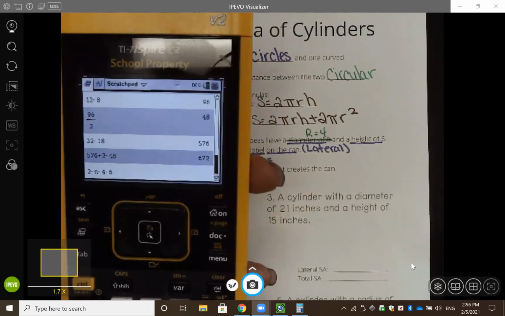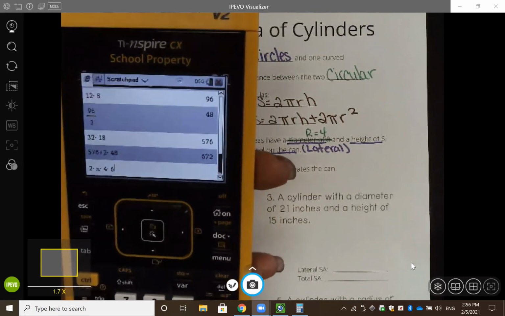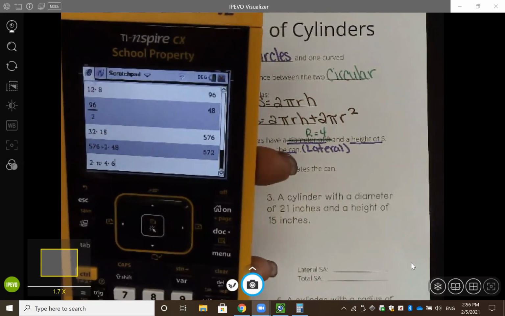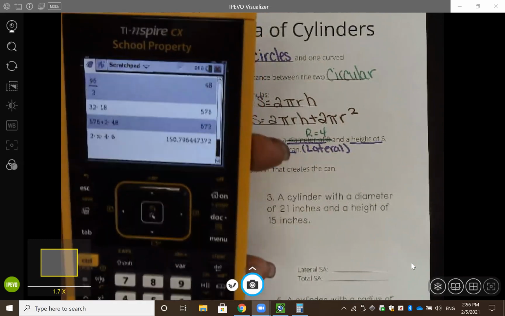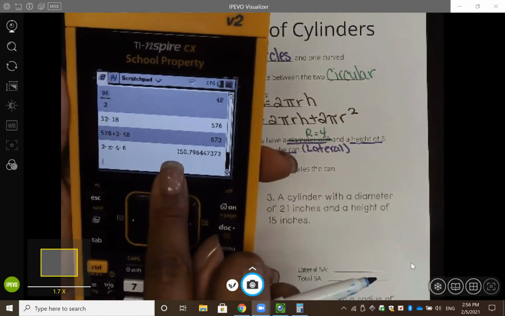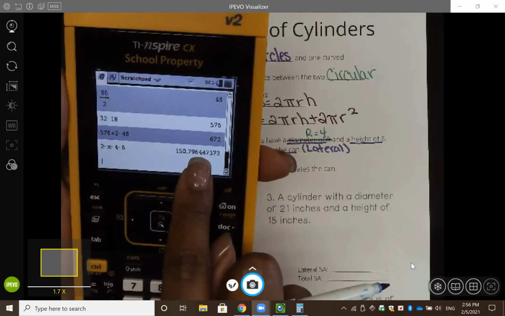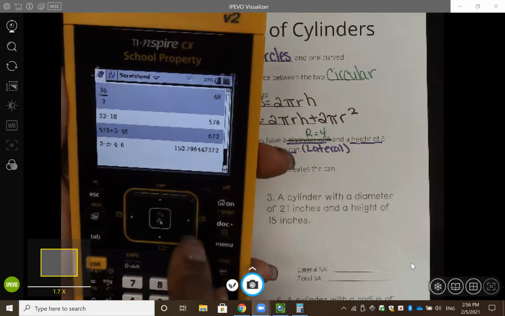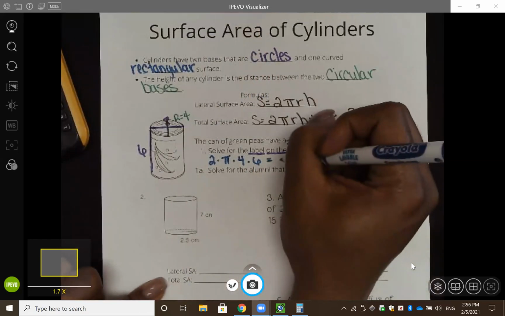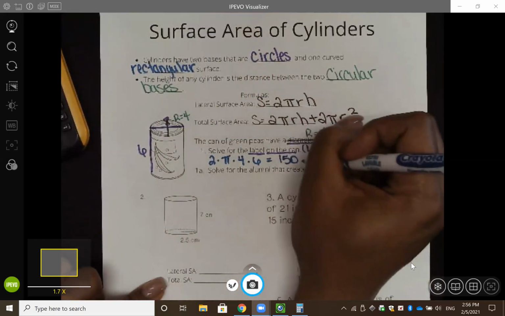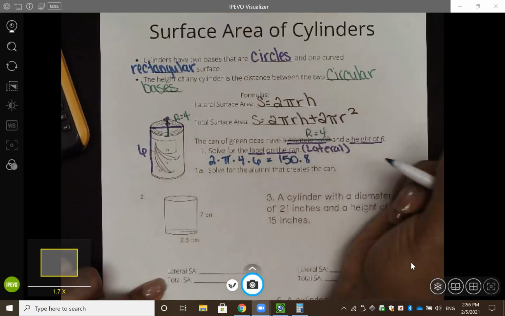Remember, in 8th grade, we always use the pi button because 3.14 is going to give you an answer that's a little off from the correct answer. And my answer is 150.79. That 9 is going to tell that 7 to bump up to 8. So 150.8 would be my answer.